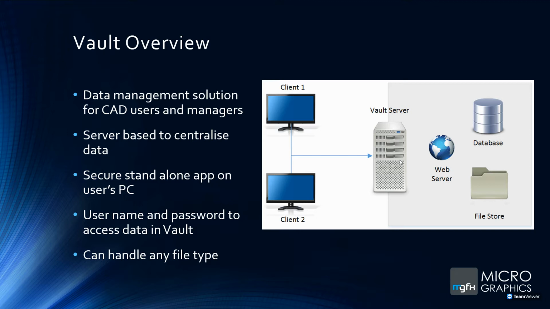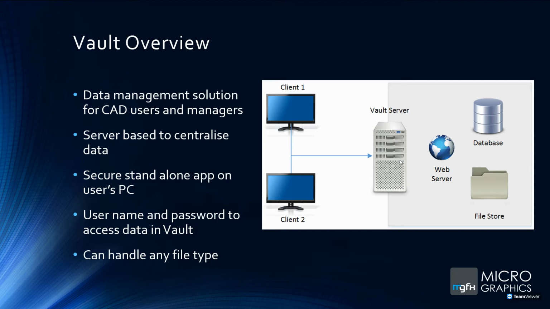A web server. This basically handles the transmission of data back and forth between the client and the server. It has a database. That database is SQL based, and that stores all of the properties for your data that is put into the file store, which is that third part there.